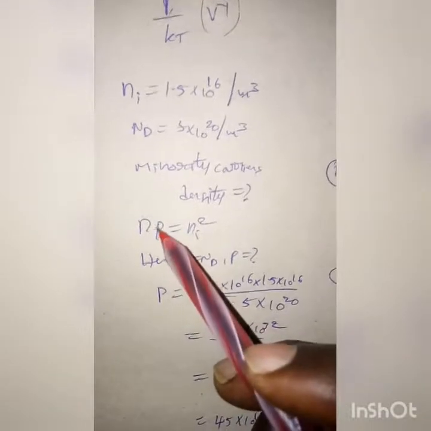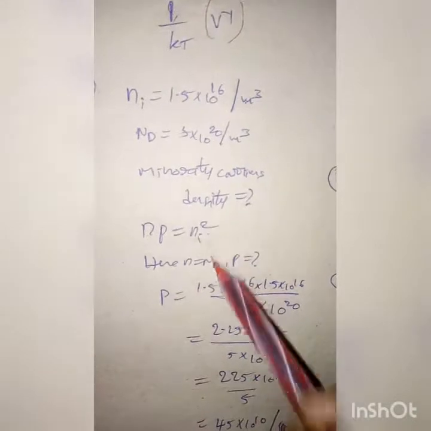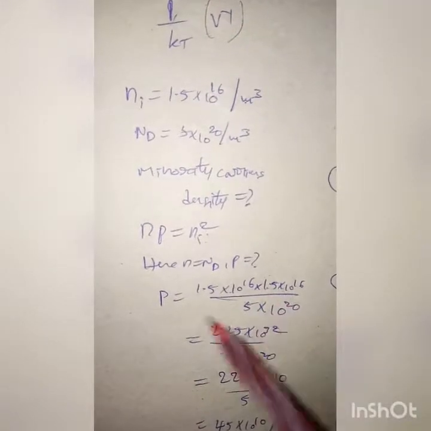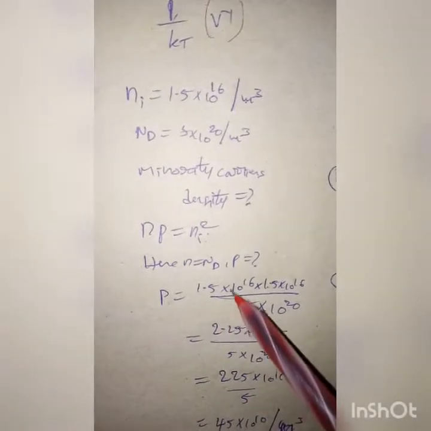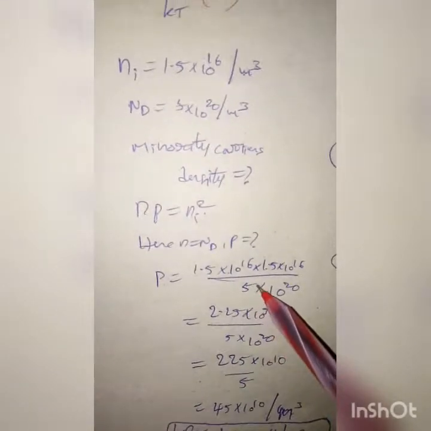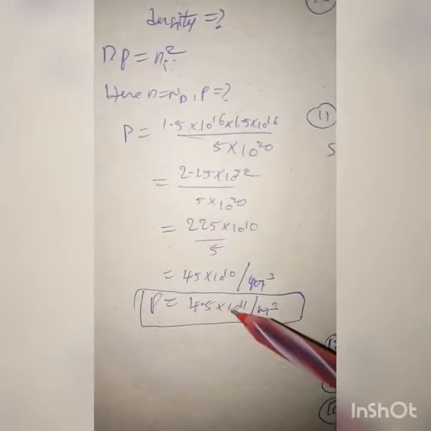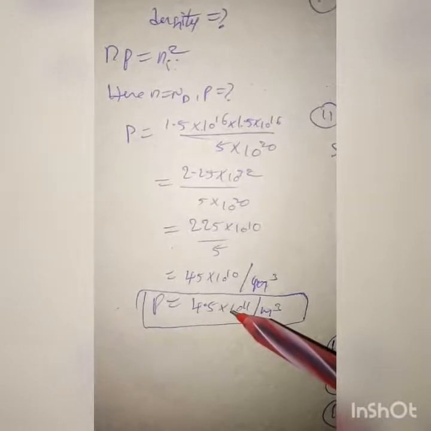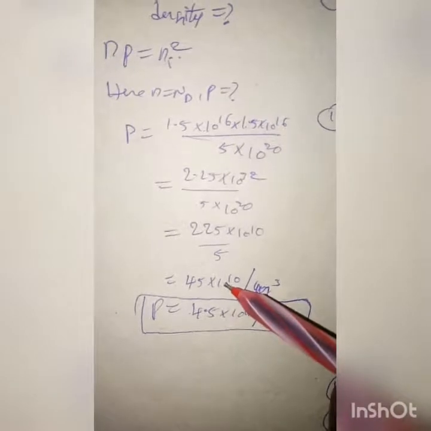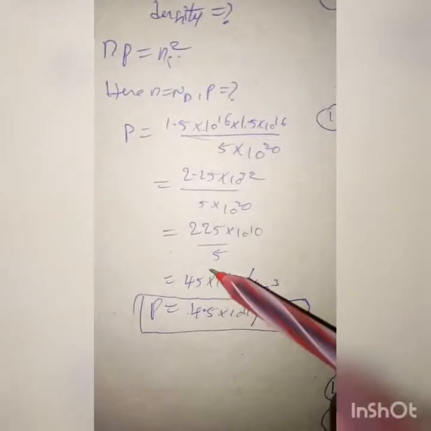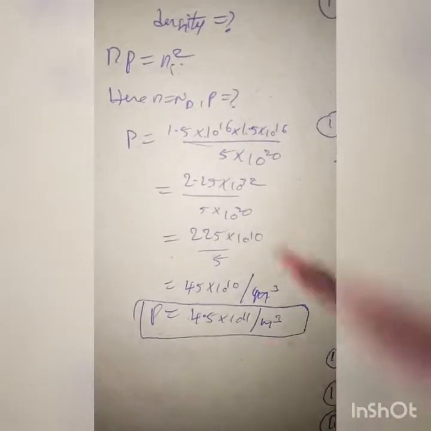Ni he gave already, so Ni square divided by either P or N, the other element, gives 5 into 10 power 20. If you simplify this, you get 4.5 into 10 power 11. Actually 45 into 10 power 11, but the answer is in this form, so you can convert it as 4.5 into 10 power 11 per meter cube. Here units are also important.